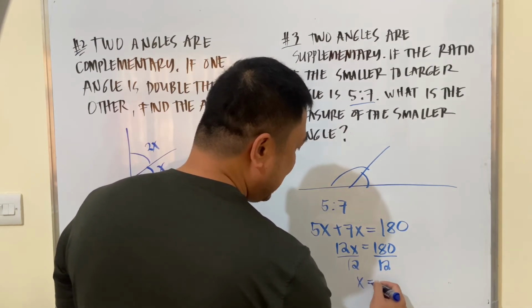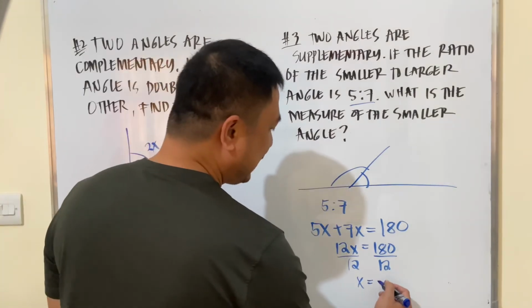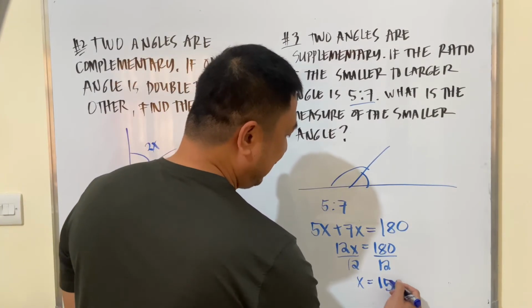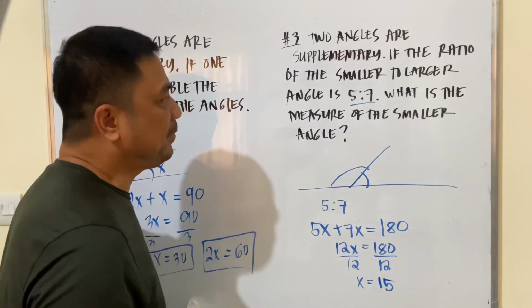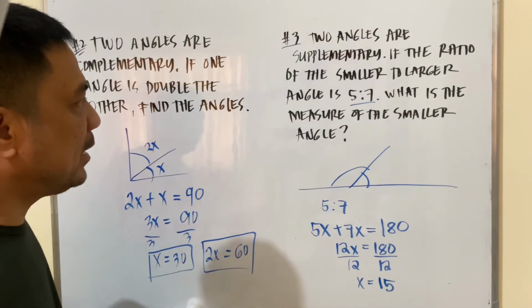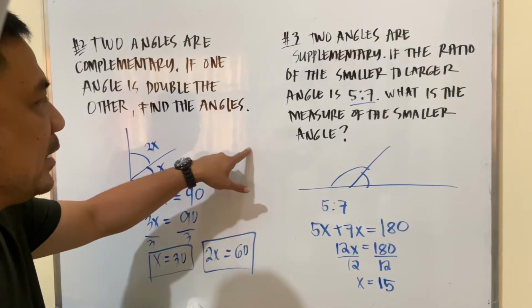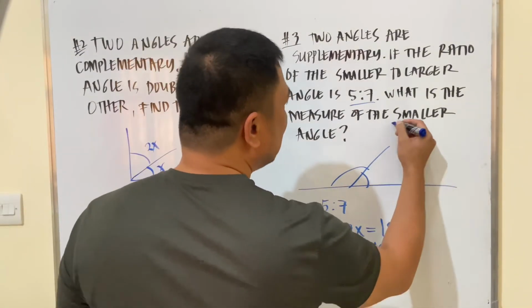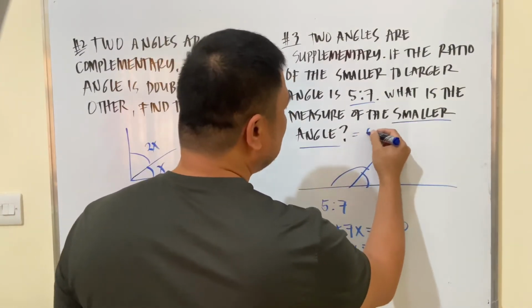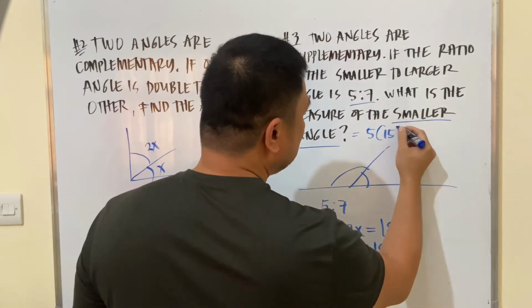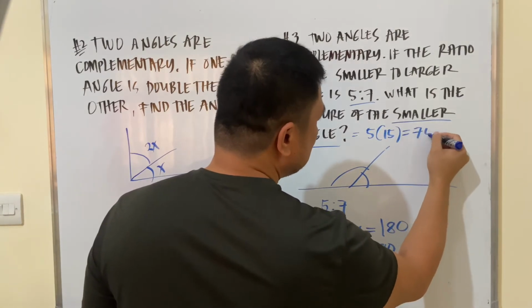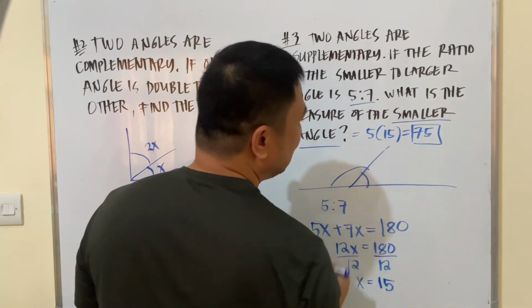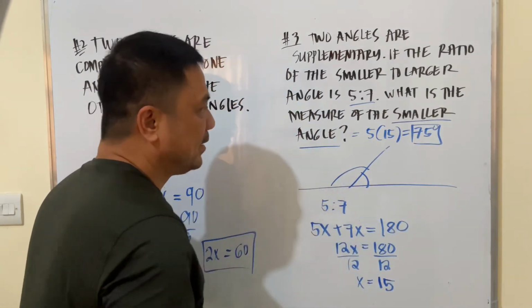So x here is 15. So what is the measure of the smaller angle? The smaller angle here is equal to 5 times 15, which is equal to 75 degrees. Okay?